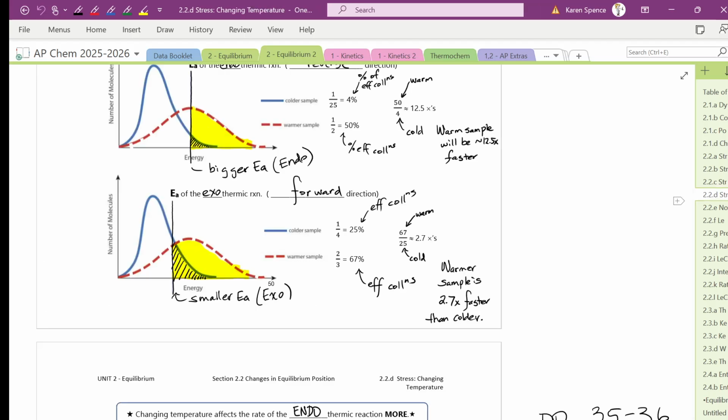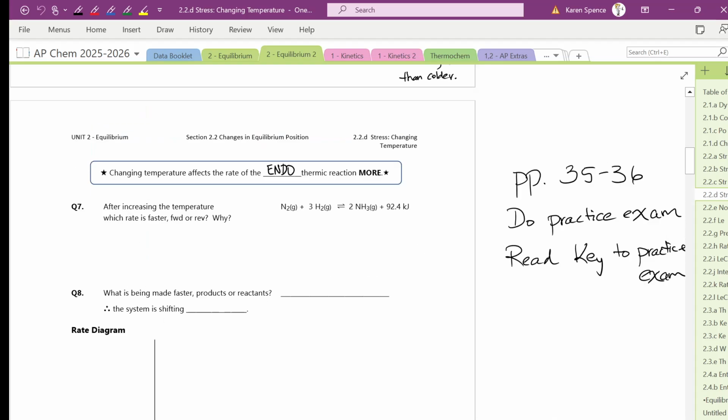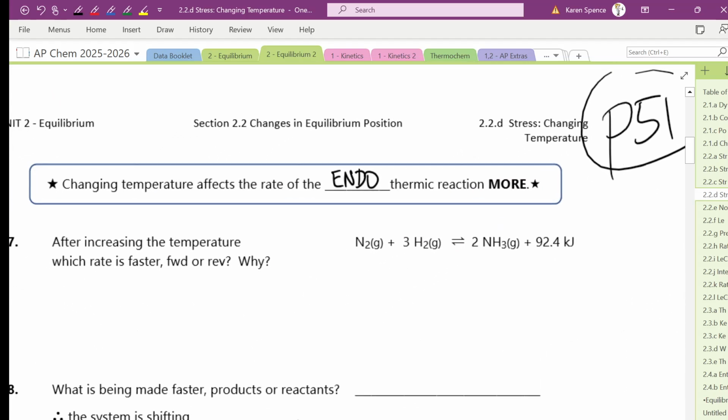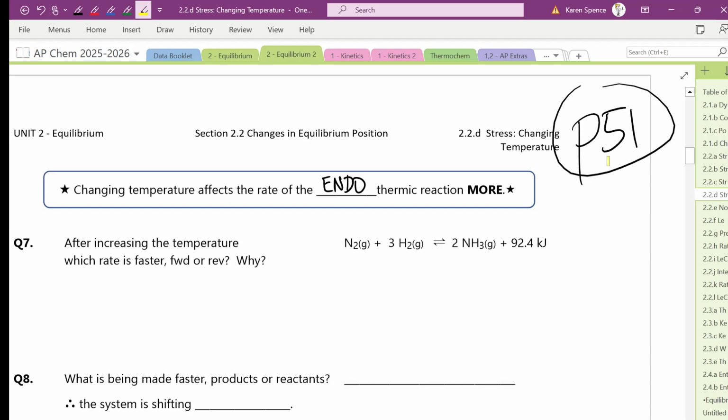Okay. And now we are moving on to page 51. Let's recall, changing the temperature affects the rate of the endothermic reaction more. So if we heat it up, the endothermic reaction will speed up more. If we cool it down, the endothermic reaction will slow down more.